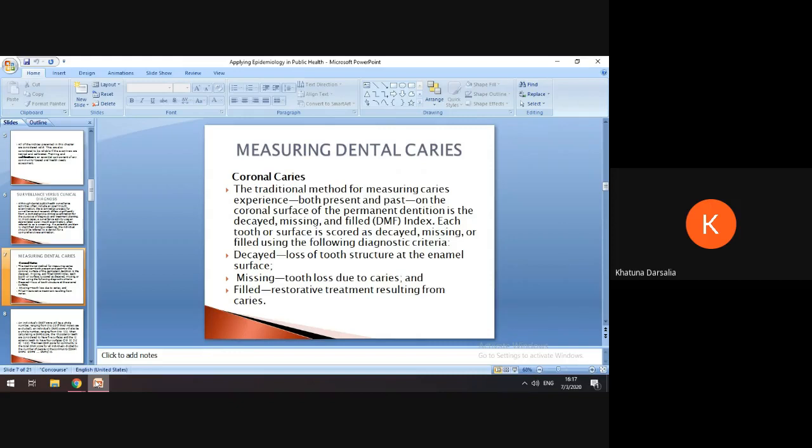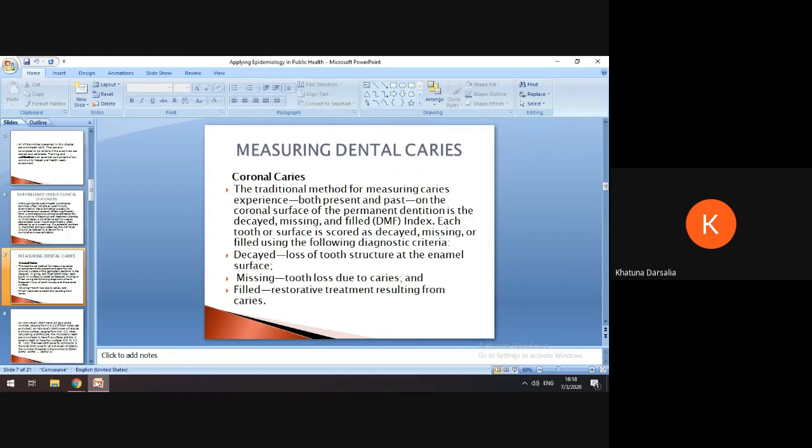The DMF index, which usually excludes the four third molars, counts either the number of teeth with a history of caries, so DMFT is the decayed, missing, and filled teeth, or the number of surfaces with a history of caries. DMFS, its definition is decayed, missing, and filled surfaces.